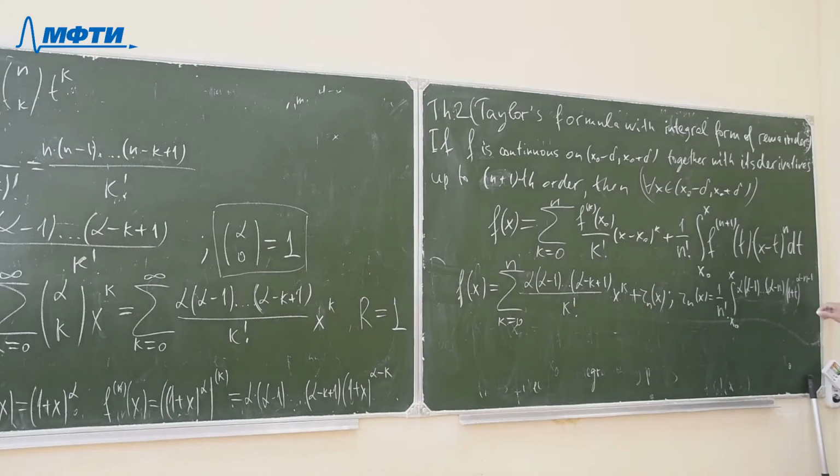Times (x minus t) to the power n dt. That is the remainder.